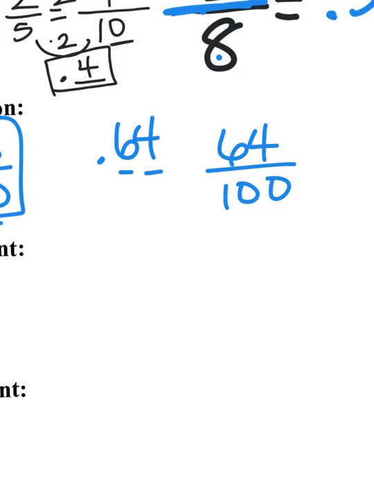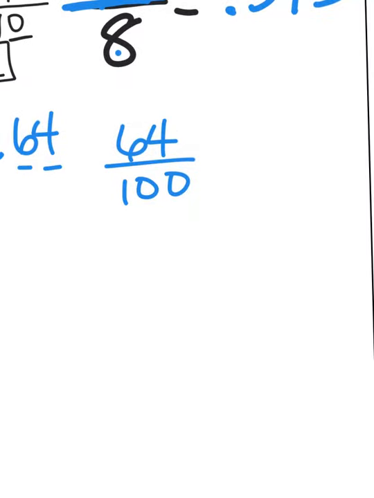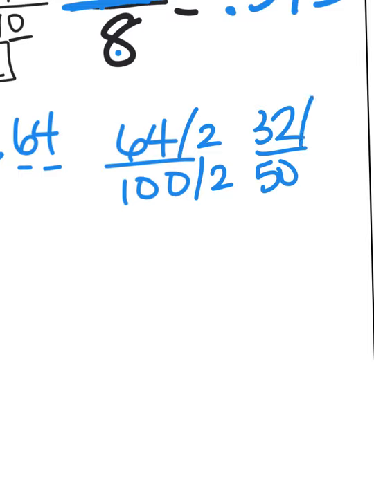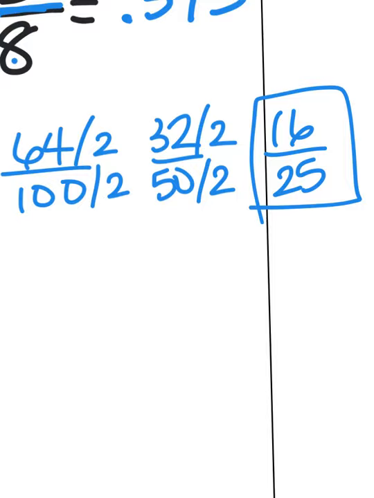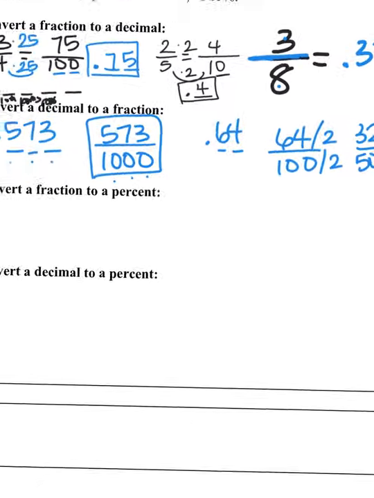Now, that is a fraction that is simplifiable, so we could go ahead and simplify those both by 2, and we would get 32 over 50, but that's simplifiable again by 2, and we would get 16 over 25. If you change it into a fraction, you are going to want to simplify that fraction as far as you can go. Okay, that's just a habit you should get into.